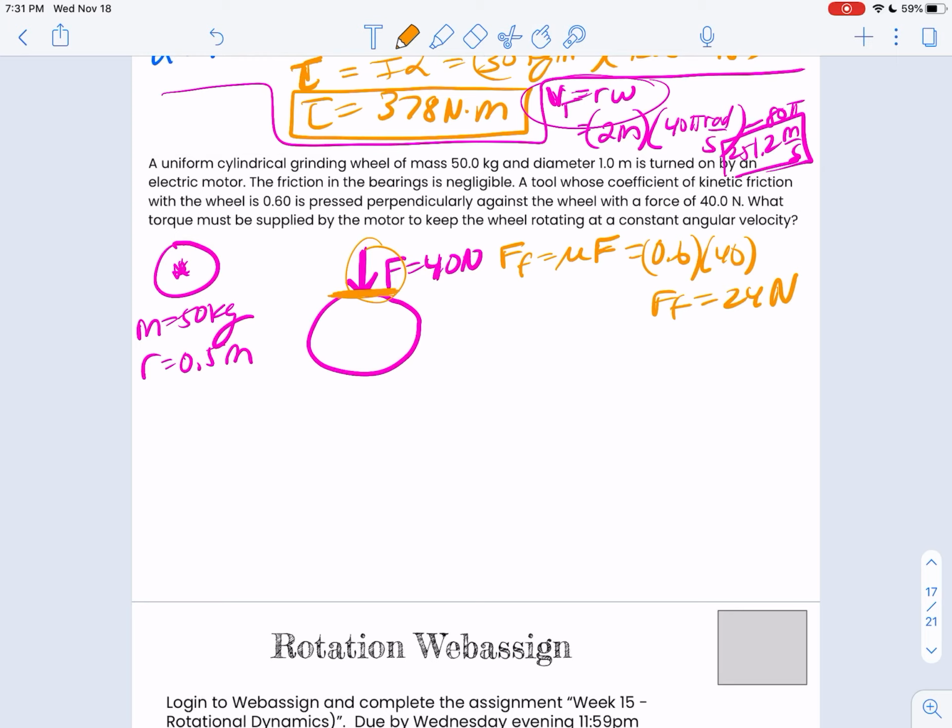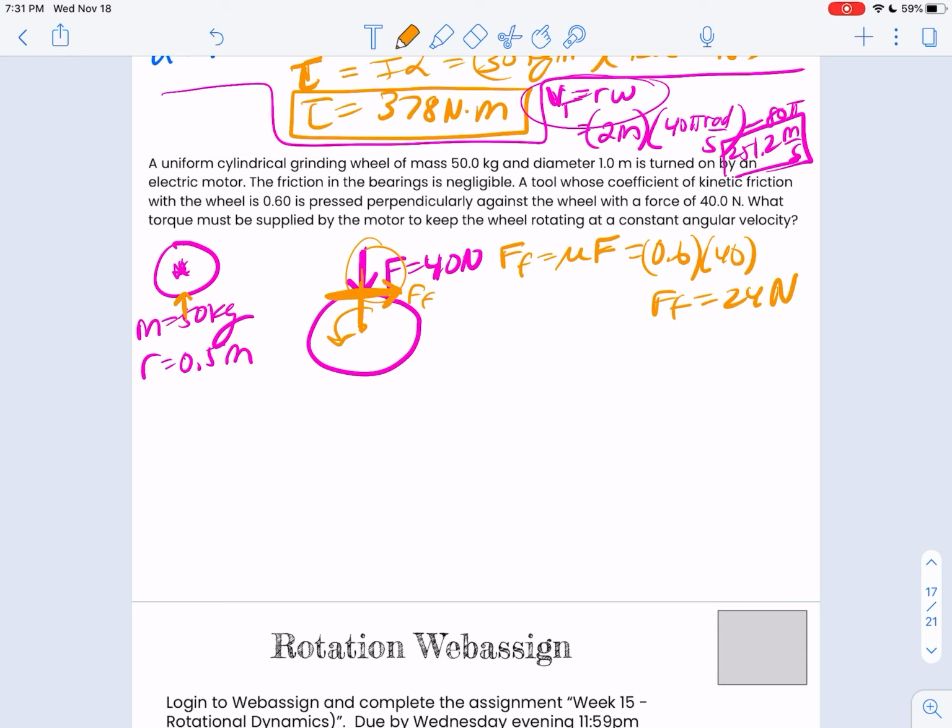Since I'm pushing inward, that's the radial direction, so that's not going to change the speed. But with this friction force here, say the wheel's spinning this way, the friction would act opposite. That's going to make it slow down, or it could speed up if it was the other way. But this force 40 doesn't count because it's in the radial direction.